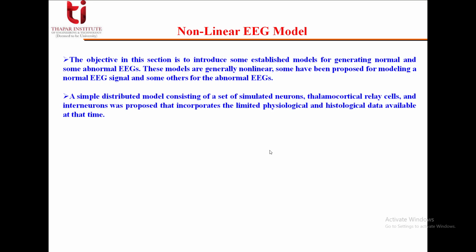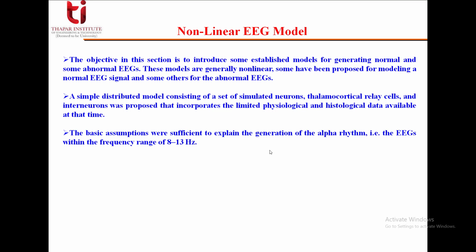A simple distributed model consisting of a set of simulated neurons, thalamocortical relay cells and interneurons, was proposed that incorporates the limited physiological and histological data available at that time. The basic assumptions were sufficient to explain the generation of the alpha rhythm, that is, EEG within the frequency range of either 7 to 12 or 8 to 13 Hz.